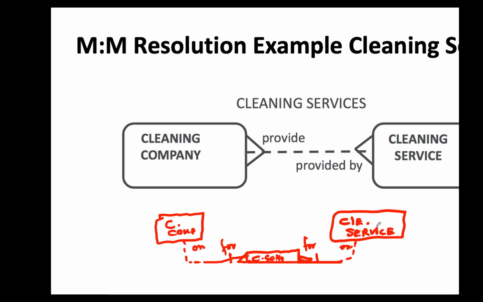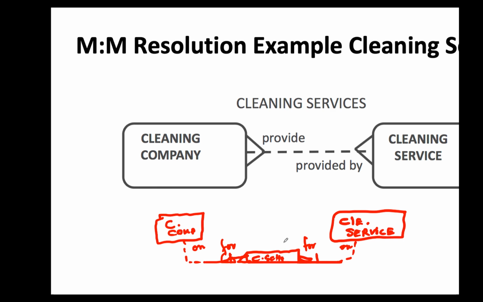Okay, now 3 entities, and for the new entity, the relationship would always be must. Okay, because obviously without a cleaning schedule, like we don't have any cleaning schedule if it does not connect with some cleaning company. Same is the case, this cleaning schedule is totally dependent on cleaning service, which service they are providing.